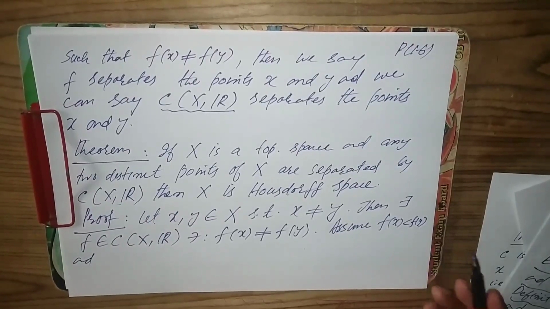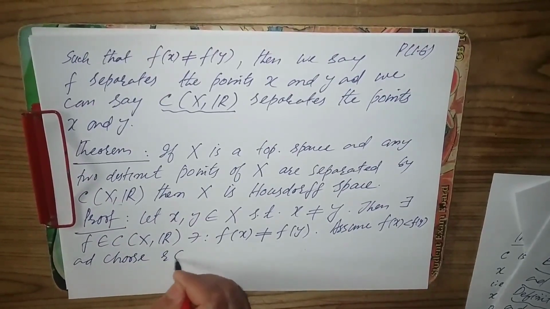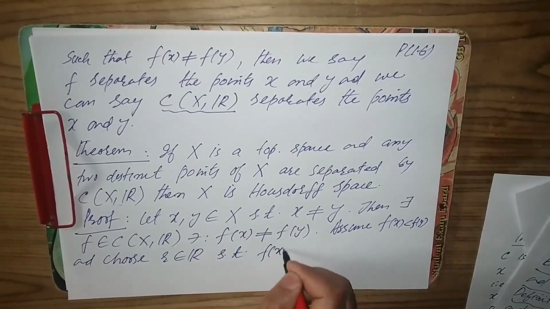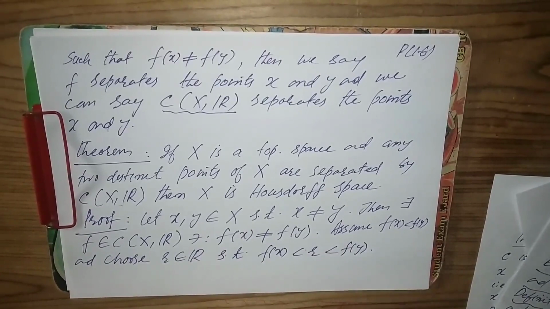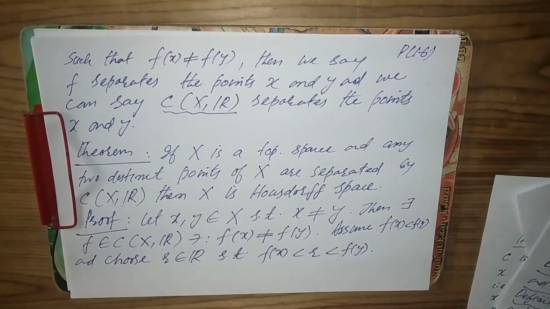So let's choose r belonging to R such that f of x is less than r, which is less than f of y. Now we define two sets here.